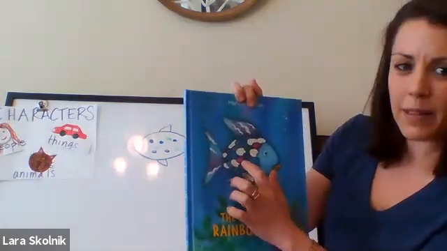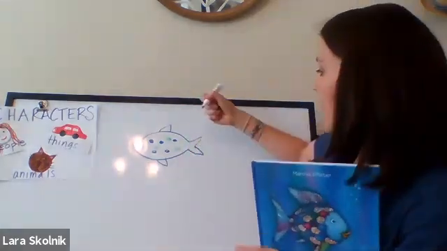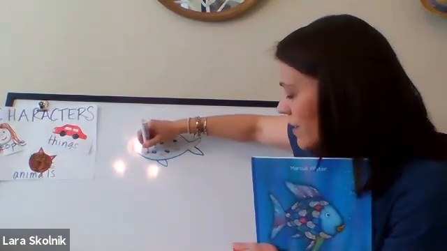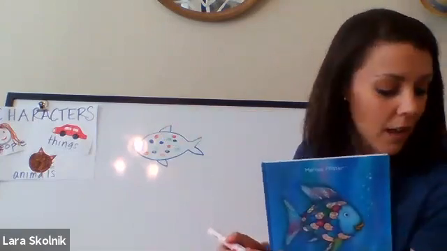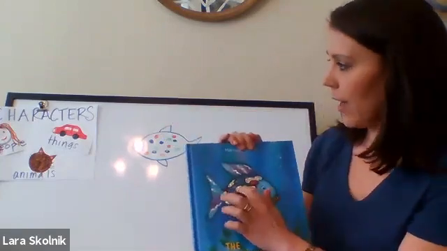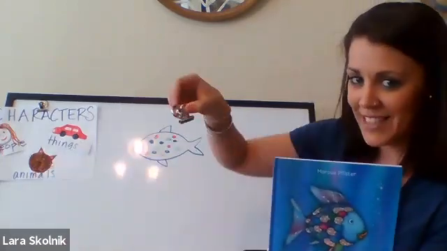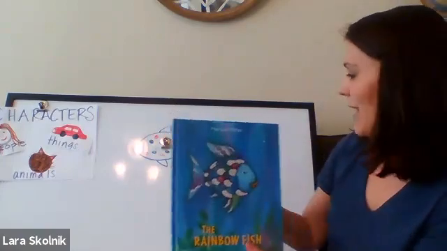Yeah, and there's some like pink, so we'll use red for pink, it's close enough. I don't have pink. There we go, some pink. And then he also has a glittery scale, a silver glittery scale, and we're actually gonna use a magnet because it's silver and it's sparkly to put right there as the glittery scale. All right, so that's the rainbow fish.